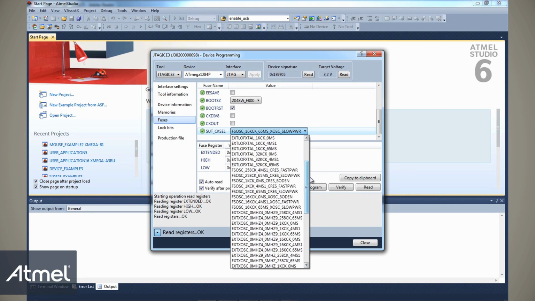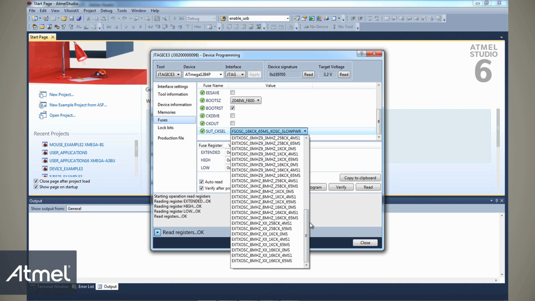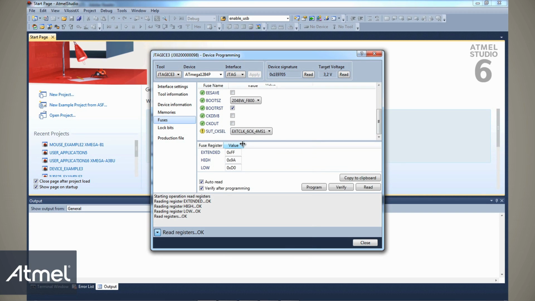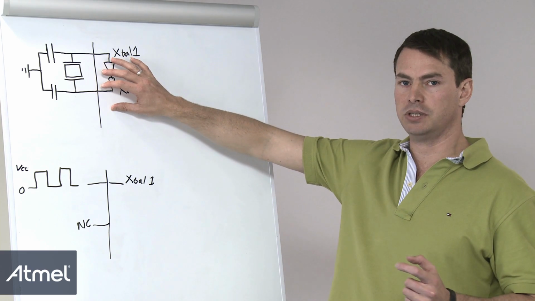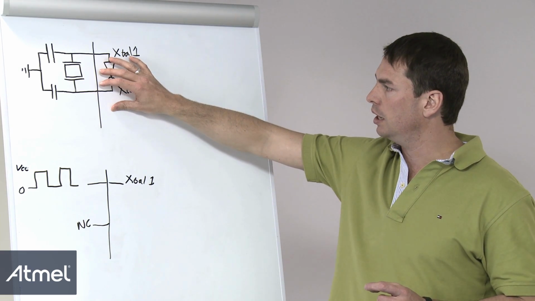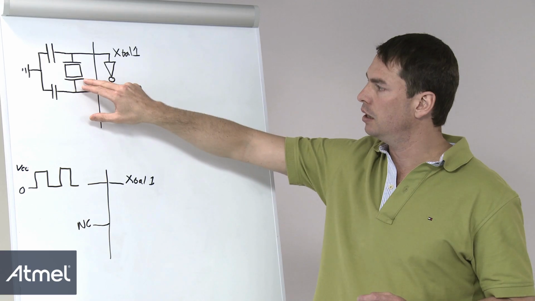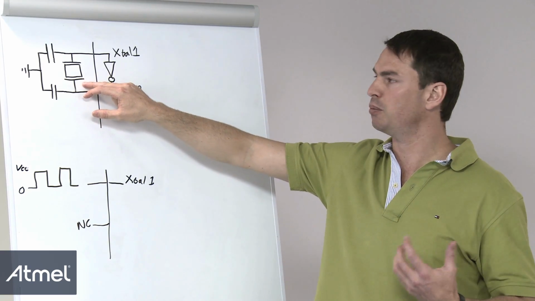Unfortunately, this is incorrect, and you can see all the external crystal fuse settings further on in the list. But for instance, if we were to choose that external clock fuse and click program, we would disable this internal inverting amplifier in the AVR, and the external crystal on our board would stop oscillating.